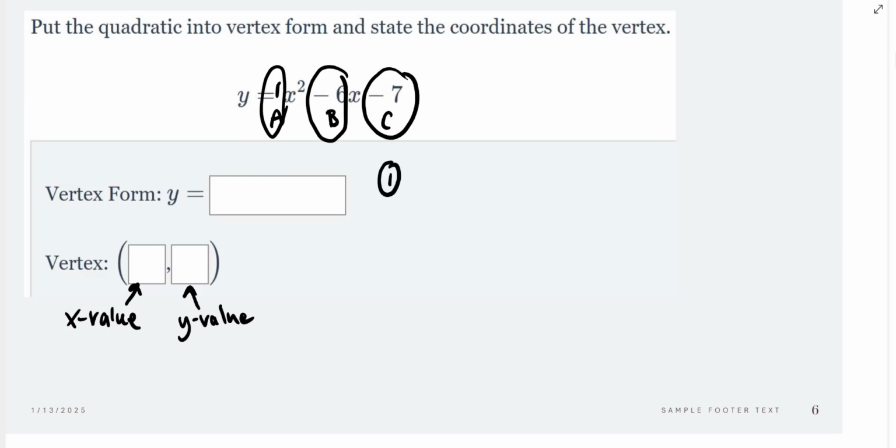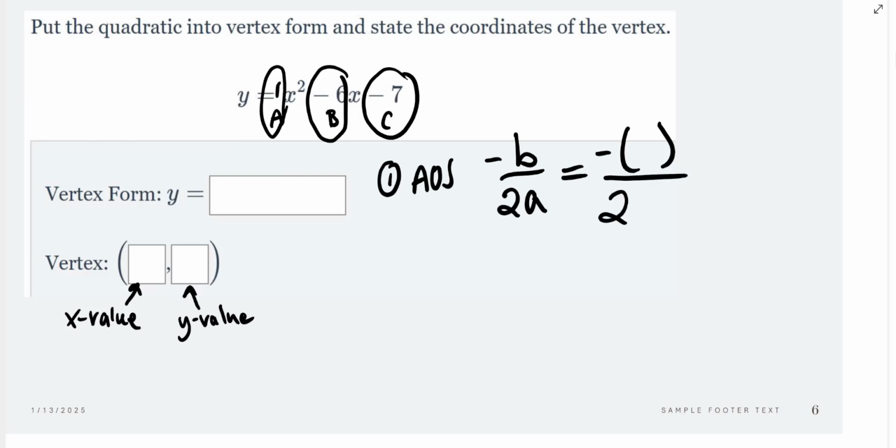So step 1 is find your AOS. Remember the formula is negative B over 2A. Don't forget parentheses. So we have B is going to be negative 6. And then we have A is 1.